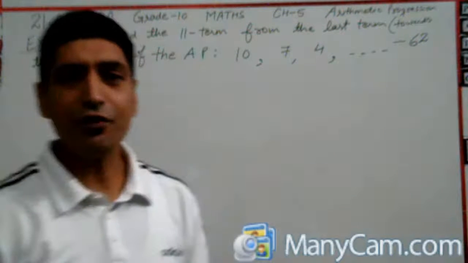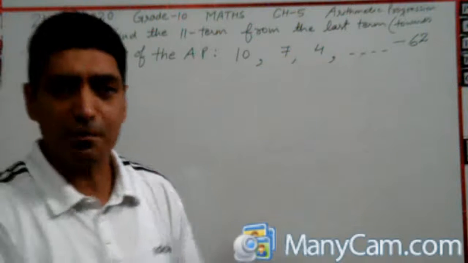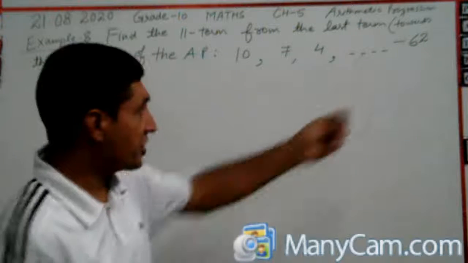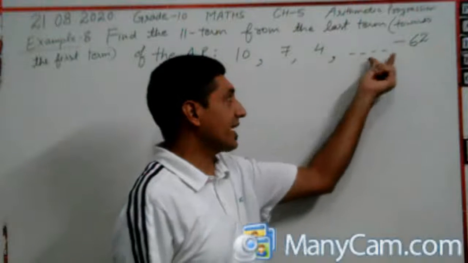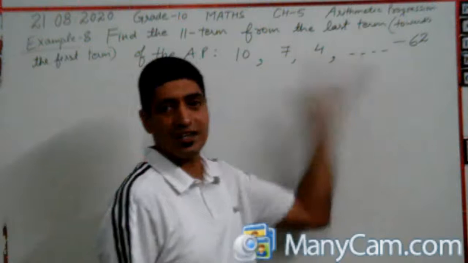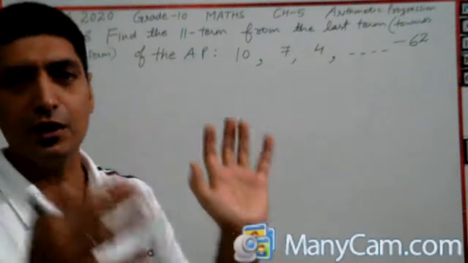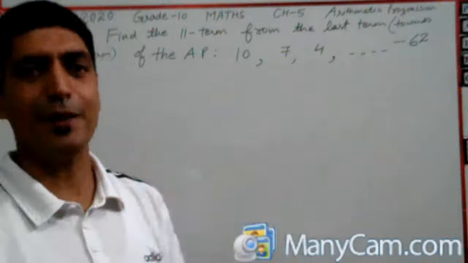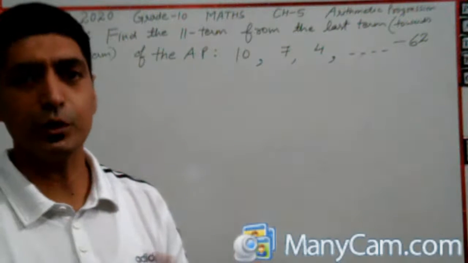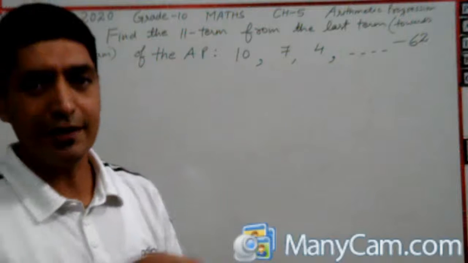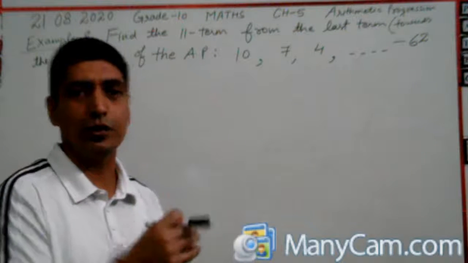If we start from minus 62 towards the back side, considering it as the first term, then second term, third term, in the reverse direction, what will be the 11th term? So I am discussing first what they have explained in the book. It is very important to understand this point, and then come to the easy and equivalent version.